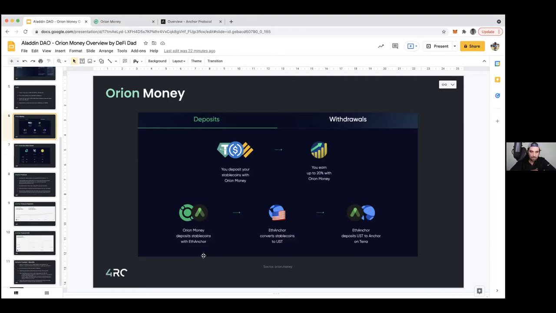There's an underlying mechanism there to, I think, continue to buy more Orion as there's more usage of this. But anyways, my main takeaway is I just look at the yield and go, that's pretty freaking high. And if I'm not willing to go use Anchor on Terra, it might be very appealing to me.